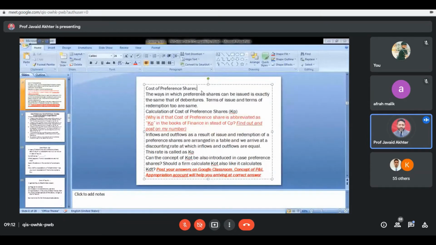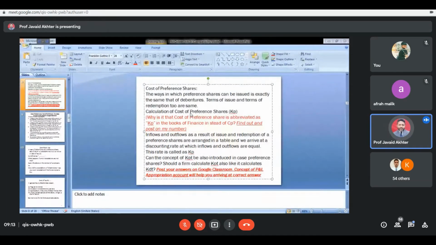The term used is dividend. So, when the company pays them dividend, which is fixed in nature, 10, 15, 12, whatever, and terms of issue also remain the same, then we will calculate. If it is clear, then I'll explain to you how to calculate the cost of preference share.